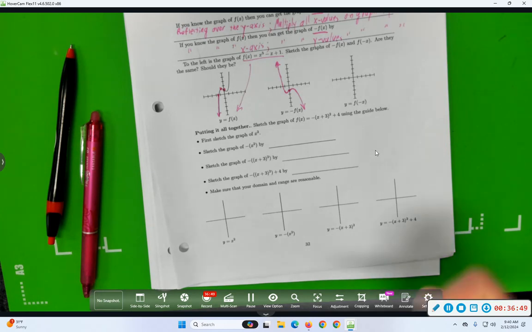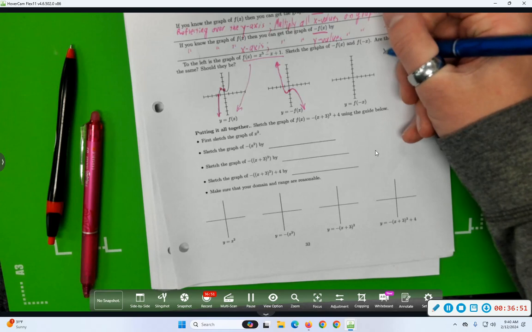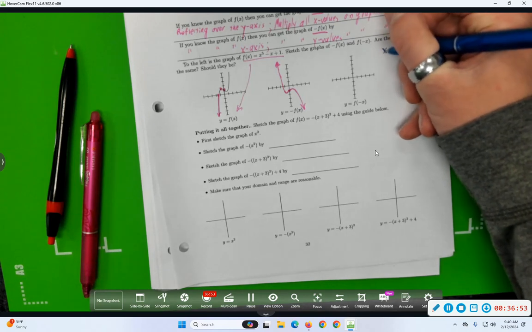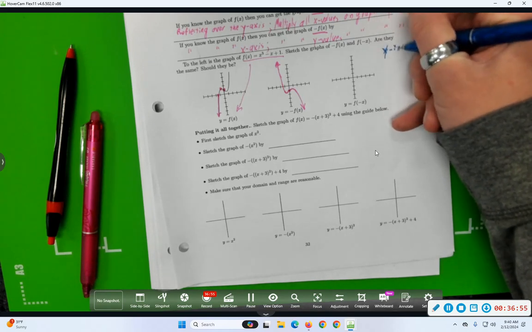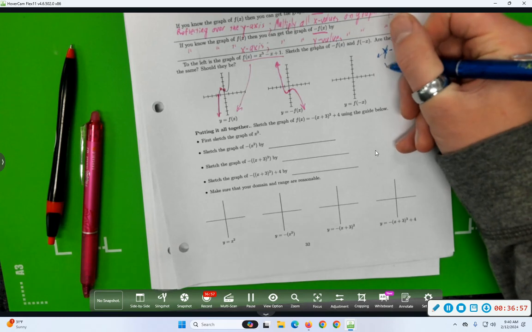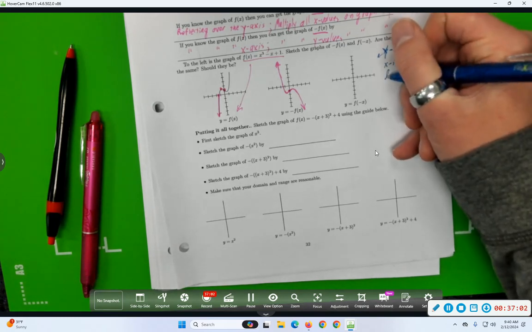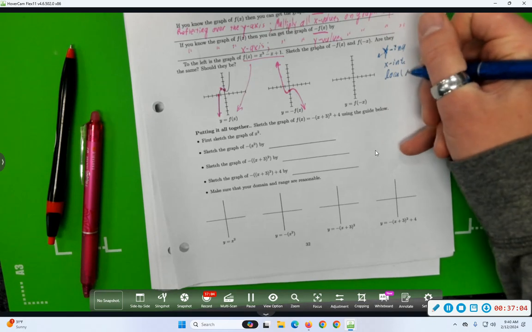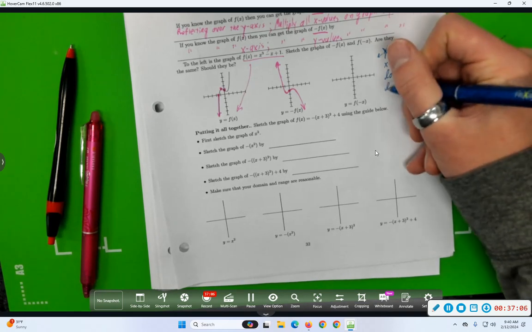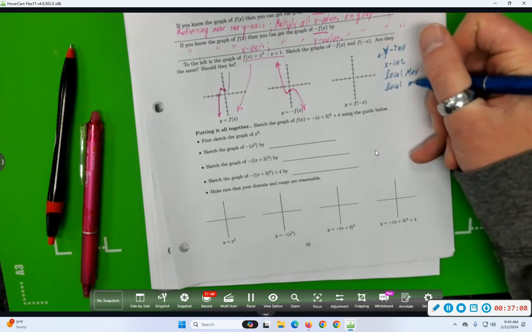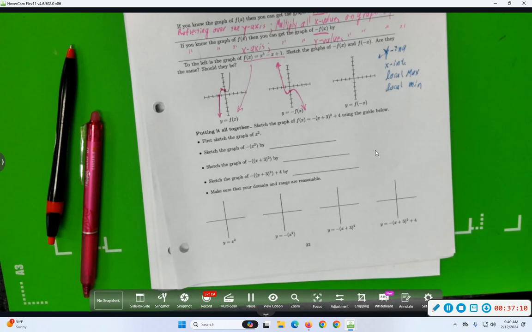I think I'm going to ask you for the y-intercept on this one, the x-intercept. I'm going to ask you for those coordinates, and some of them you'll have to be pretty approximate.